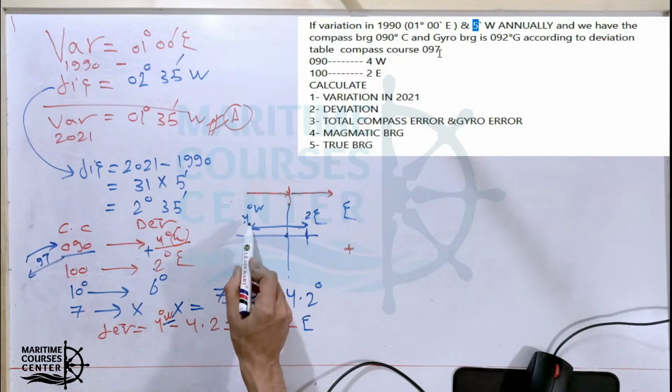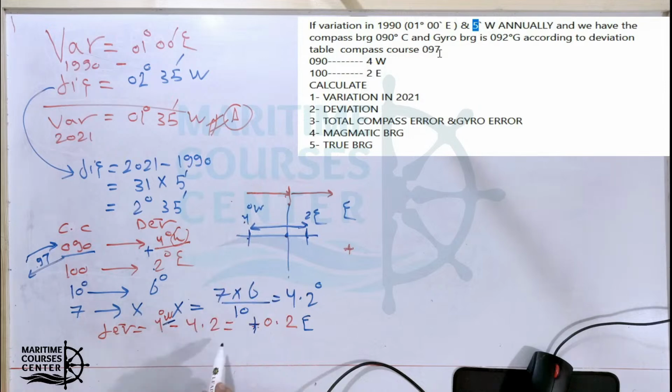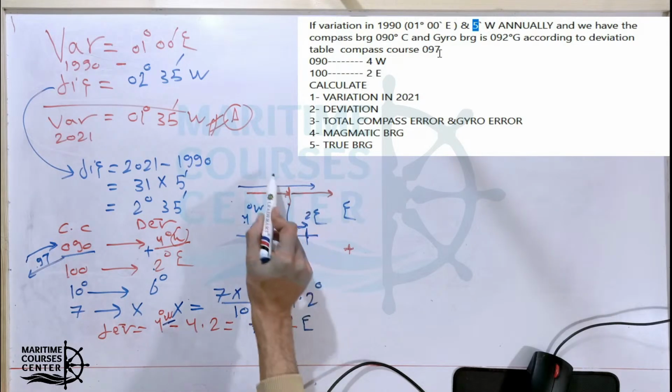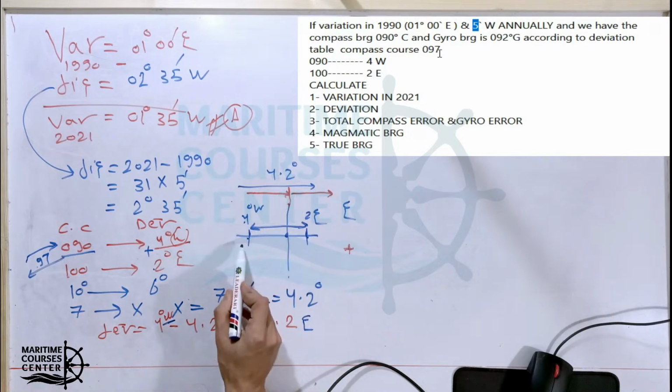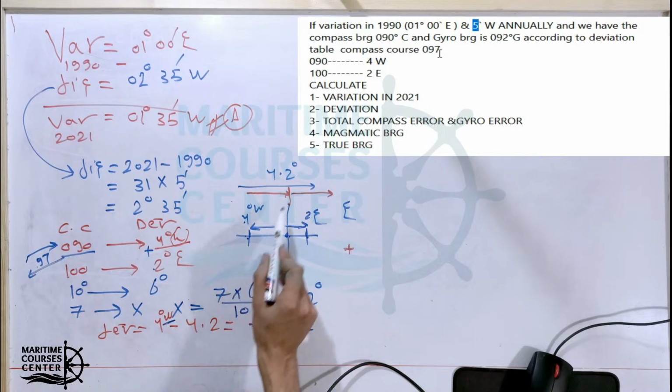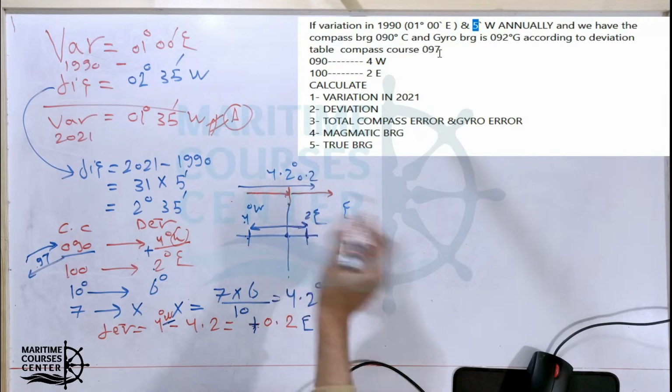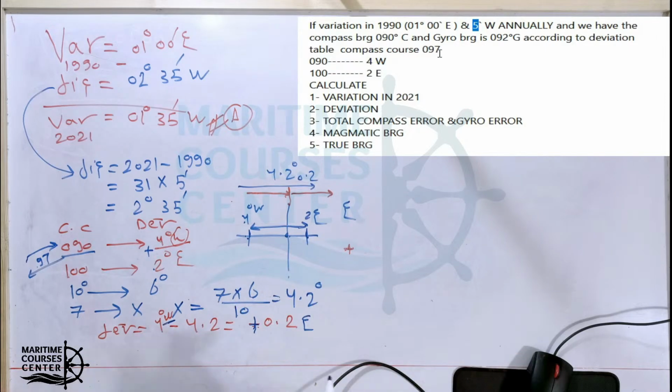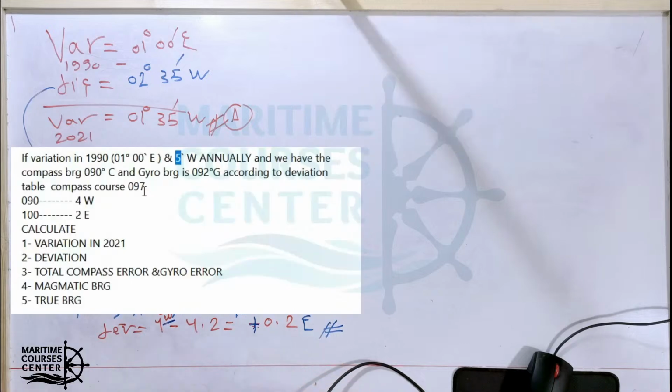Why? Because from here to here the difference is 4.2. So from here to here is 4, and this 0.2 is going to be in the east hemisphere. Okay, so right now we also got the deviation.